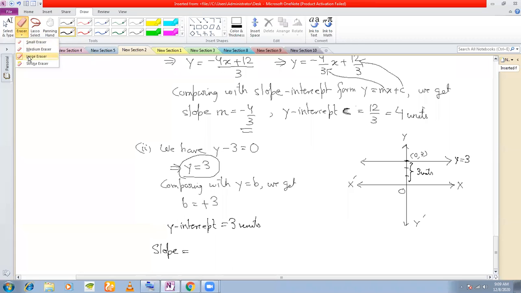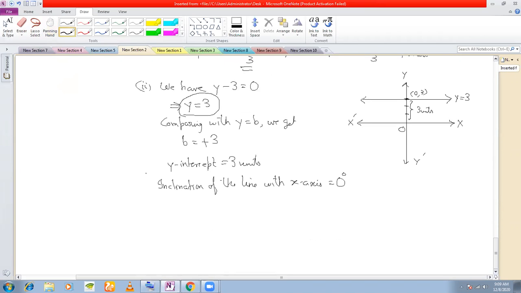So what is the inclination here? Inclination of the line with the x-axis is 0. 0 degree, 0 radians, whatever measure you take, it is 0. So therefore, what is the slope?